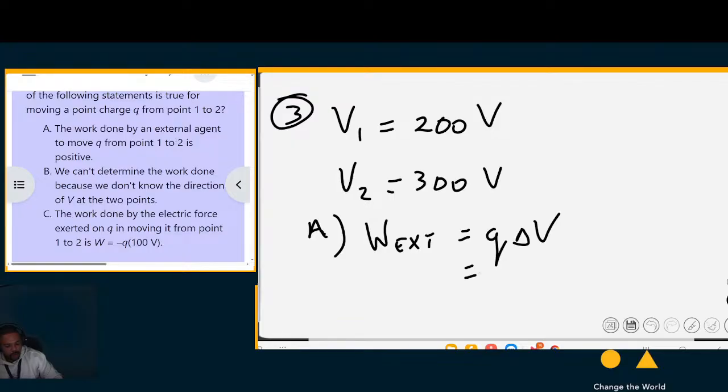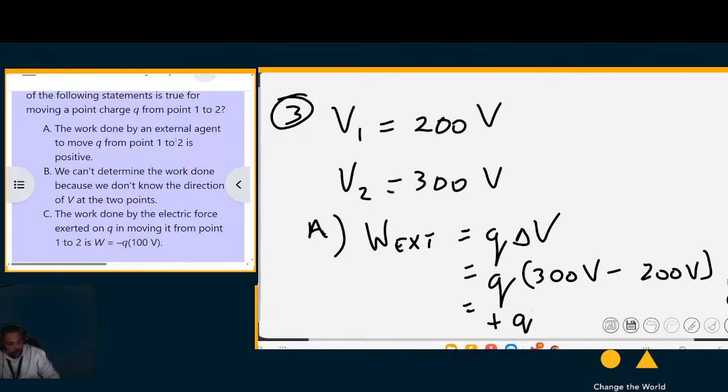Okay, and if we work out Q, we don't care what the charge is, but let's calculate. We have the two voltages. It's from 1 to 2, so it is 300 volts minus 200 volts. That will give us positive Q times 100 volts.